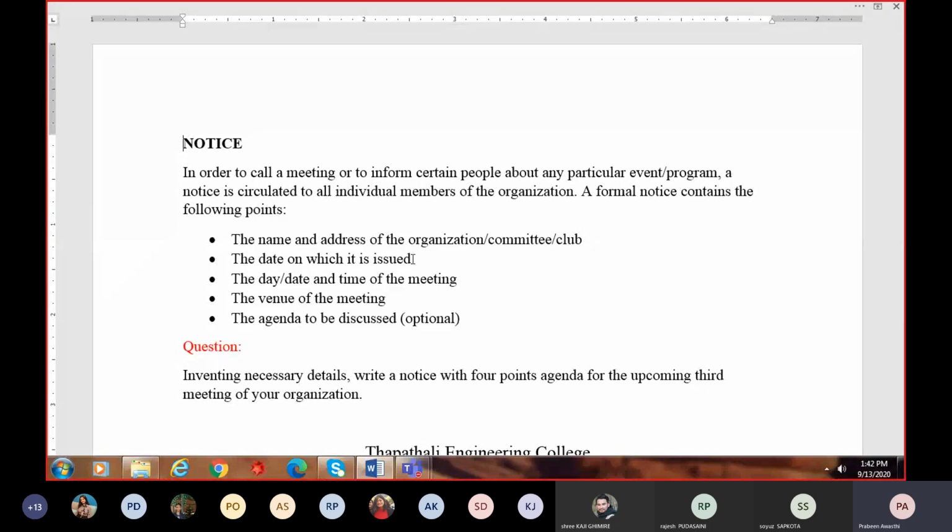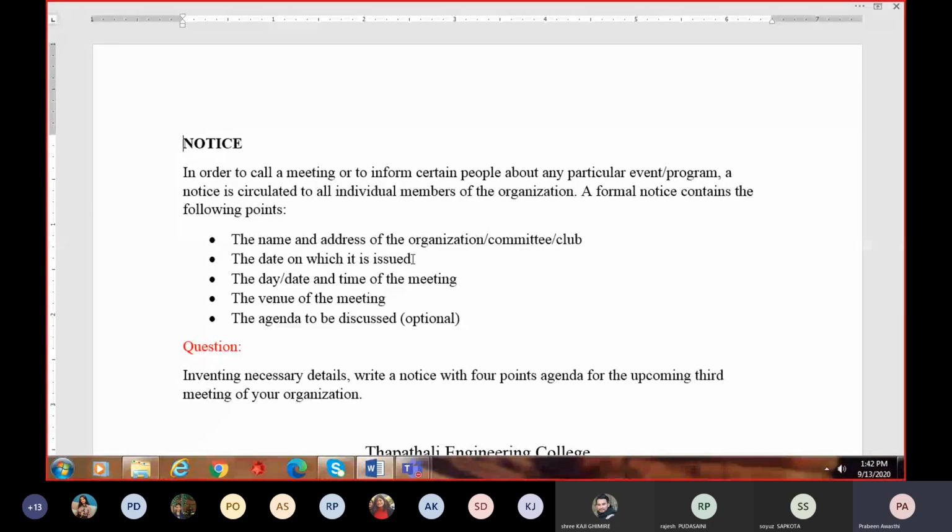Even the college writes notice to inform students about minor as well as major events. And notices are not always written to call for the meeting, right? But here in your syllabus, notices for meetings is given, no problem.